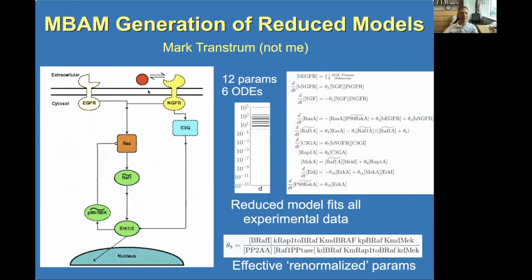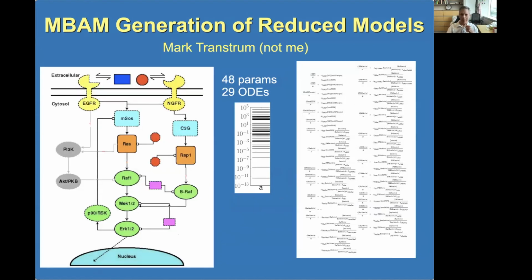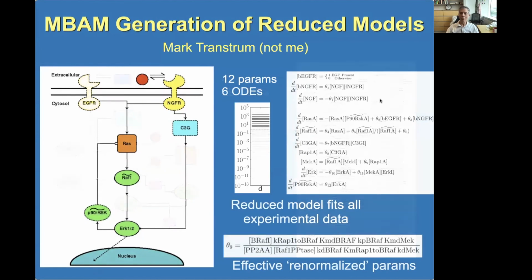The central pathway, the side pathway, the negative feedback loop, plus one extra, you've got understanding from the simpler model. The original model had 48 parameters and all these differential equations. The new models, the differential equations are not that much worse. In fact, they're kind of nice. And there are only 12 parameters.